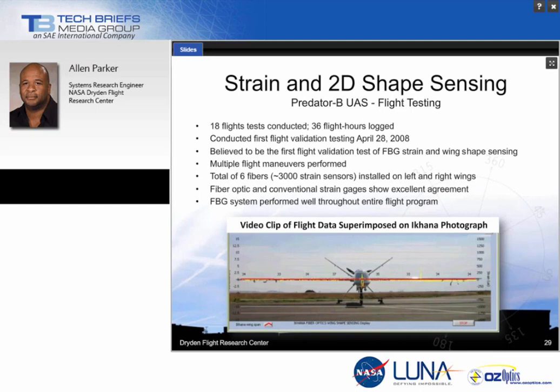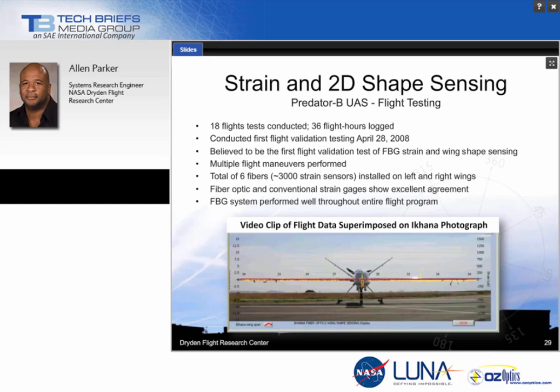And we actually have a video of some data that was captured in flight, so we will show that now. What the video will show is there's 2 portions to the video. There's an upper chart and then a lower chart. The lower chart is a time history chart that shows the left and right wingtip as a maneuver is being performed.